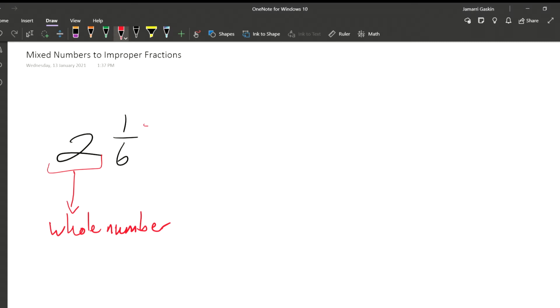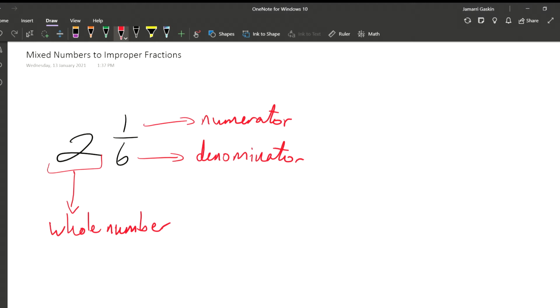The top number here is the numerator, and the bottom number here is the denominator. So for this mixed number, we have three pieces: a whole number, which is 2, a numerator, which is 1, and a denominator, which is 6.